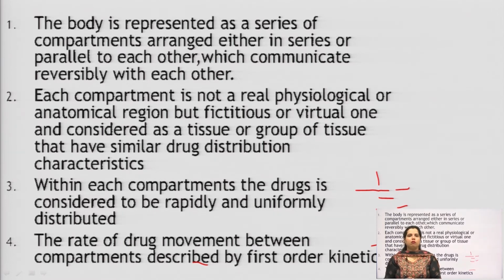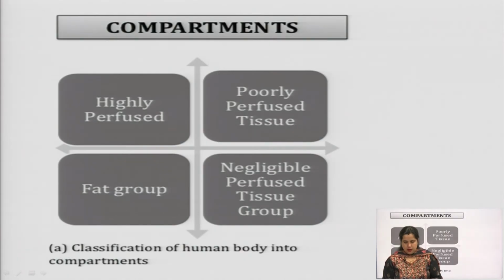Within each compartment, the drug is considered to be rapidly and uniformly distributed. Based on that similar affinity and blood flow rule, we consider that when the drug is entering the system, it will be distributed uniformly among all the compartments. The rate of drug movement between compartments is described by first order kinetics.